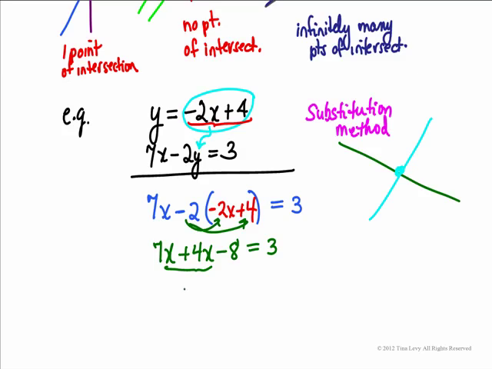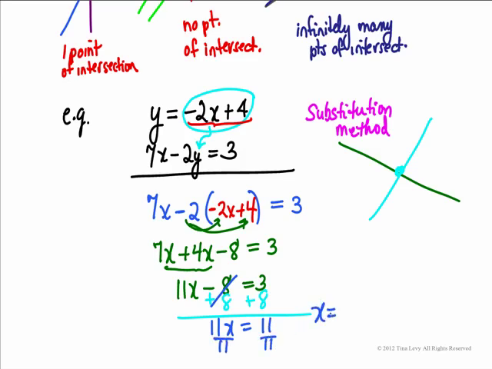Then we add 8 to both sides. That gives us 11x is 11. Dividing both sides by 11, we get that the x-coordinate for the point of intersection is 1.